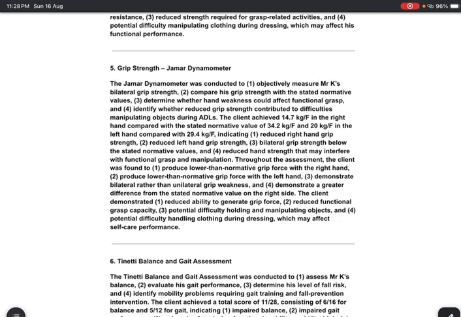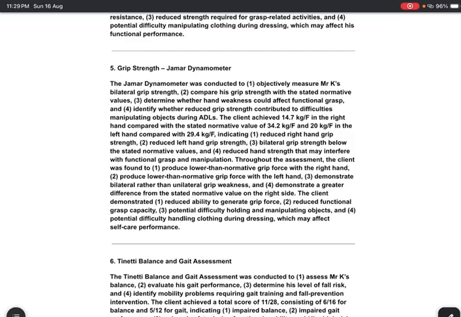The Jamar dynamometer was conducted to objectively measure Mr. K's bilateral grip strength and determine whether hand weakness may affect functional grasp. His right hand measured 14.7 kg force compared with the stated normative value of 34.2 kg force.